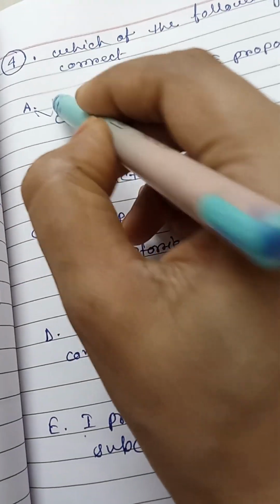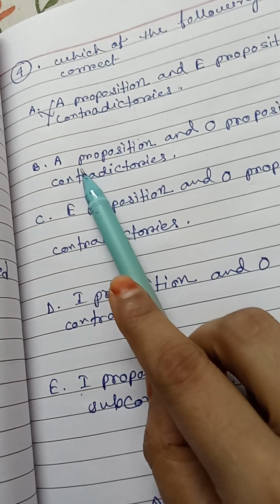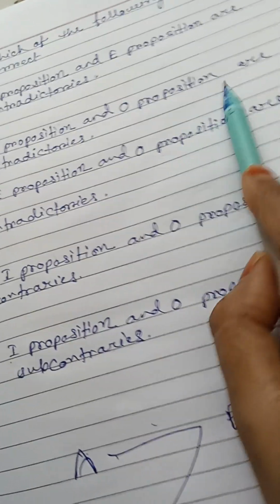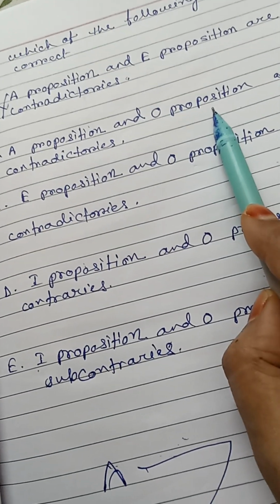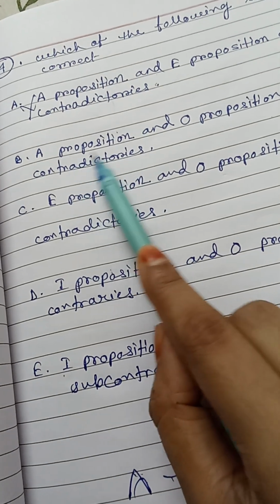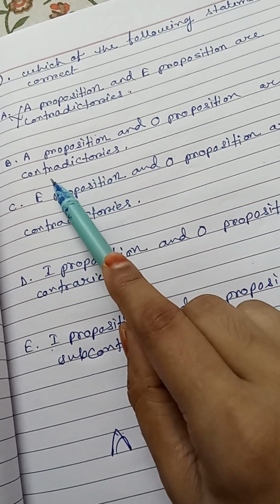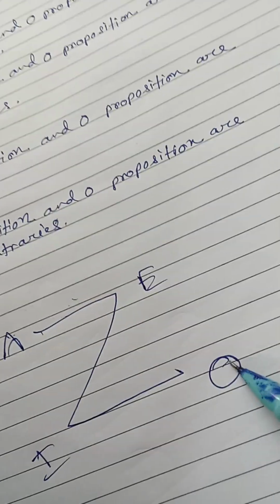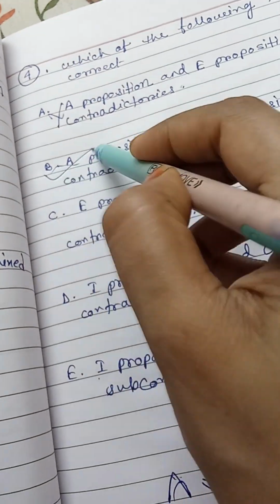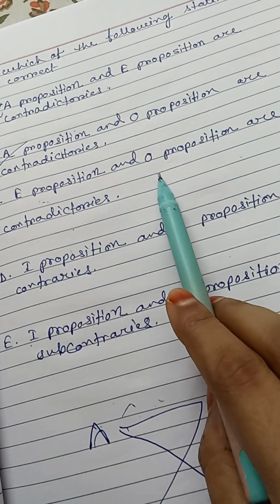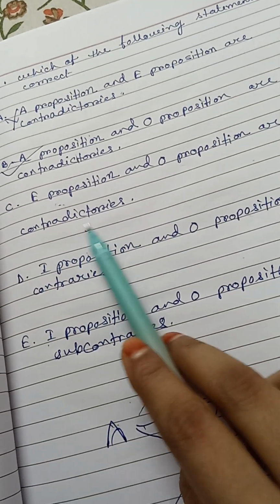So it is false. Now B, A proposition and O proposition. Proposition means statement, sentence, anything. Okay, A proposition and O proposition are contradictories. A and O are contradictories. Yes, absolutely right. Now E proposition and O proposition are contradictories.